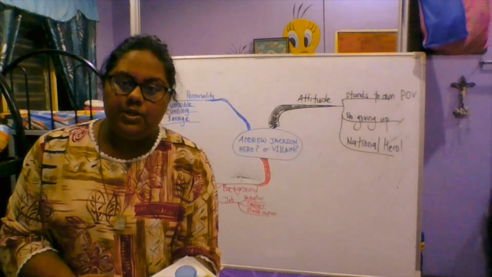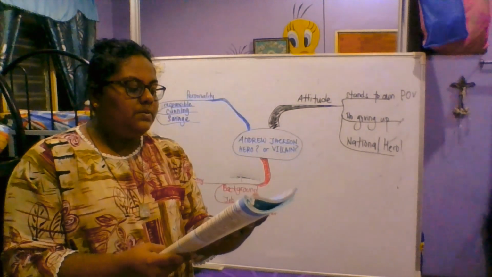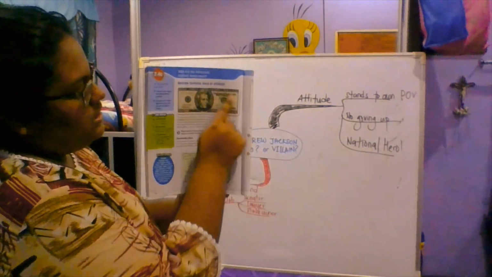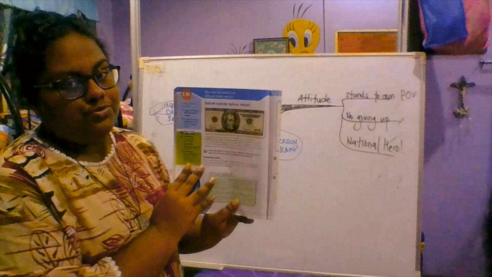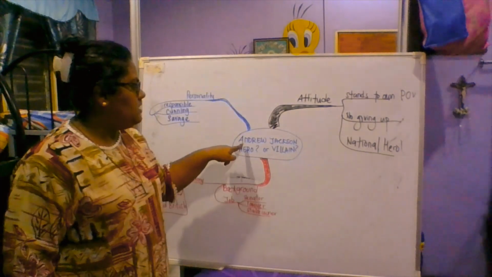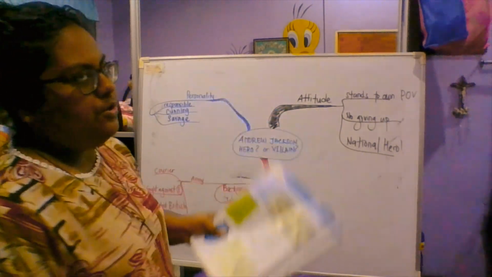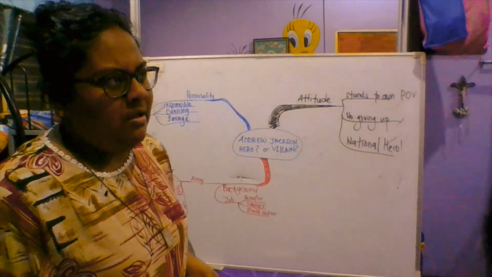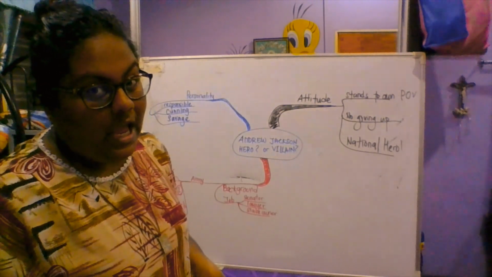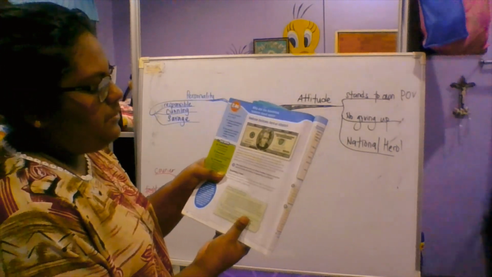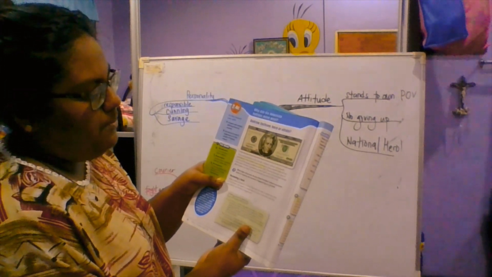The man pictured on this $20 bill is Andrew Jackson. We are going to call him by the abbreviation AJ. He was the 17th president of the United States of America.